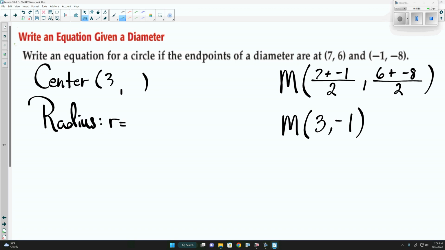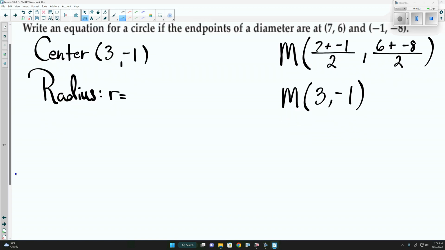So our center is the point (3, −1). So for our equation, we could say (x − 3)² + (y + 1)² is equal to... We're plugging that in. Now we just need the radius.